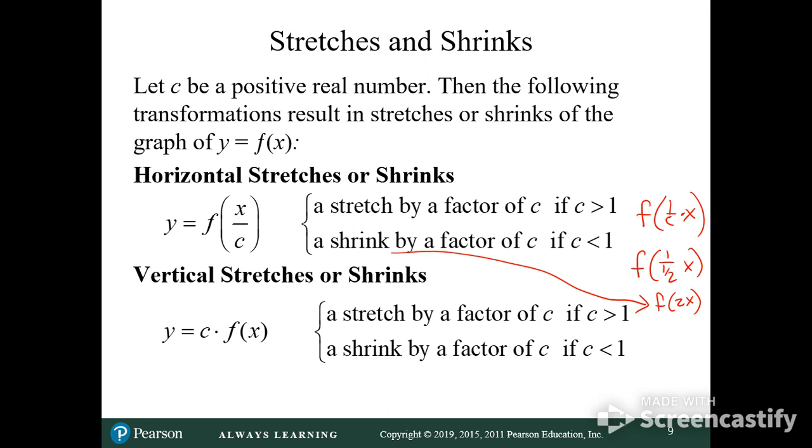So basically, on the inside of the parentheses, if something happens, it's opposite of maybe what you would think. And if it happens on the outside of the parentheses, it's going to happen in the vertical direction. So a positive, like 2 times f of x, is going to stretch it, and 1/2 times f of x is going to shrink it.